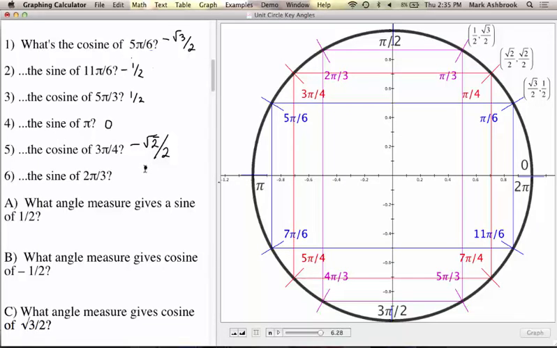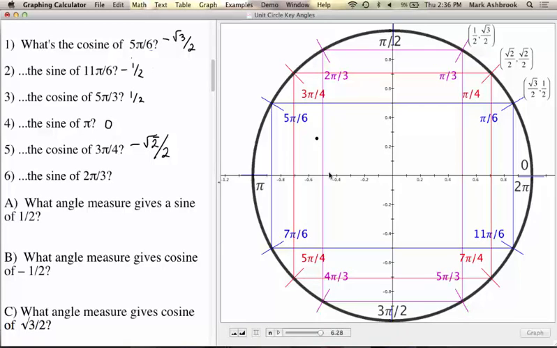Sine of 2 pi over 3. Where's 2 pi over 3? Here? And the sine means what? Vertical distance above the horizontal diameter.